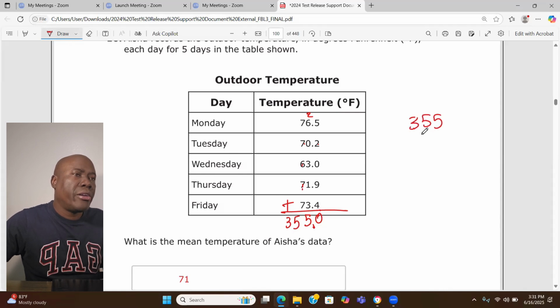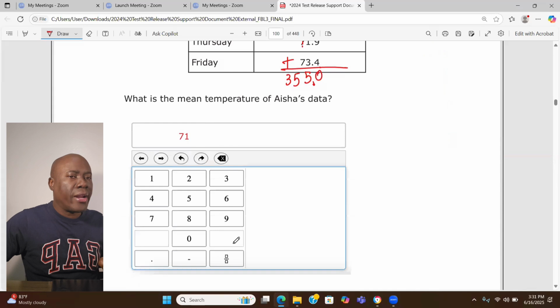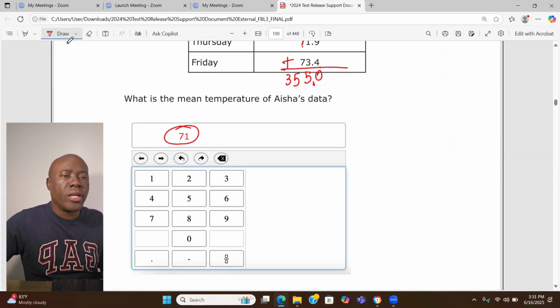So basically, we're going to divide 355 by 5. So 5 into 12 is 1. 5 into 35 is 7. 5 into 5 gives us 1. We're looking for an answer of 71. So you are required to punch in 71, as you could see there.